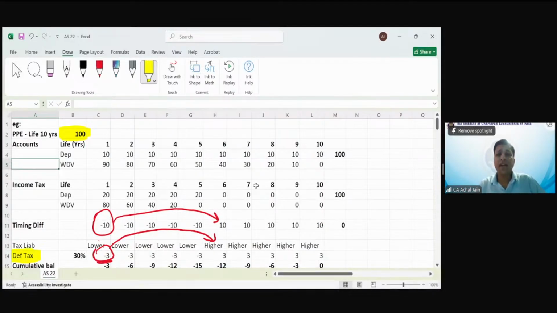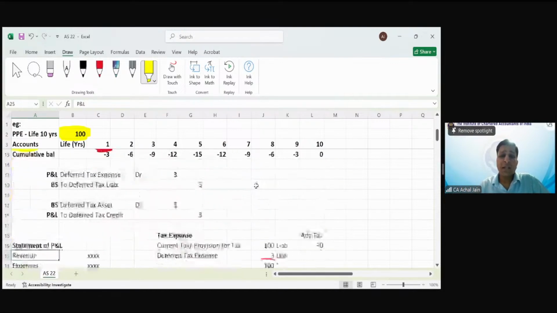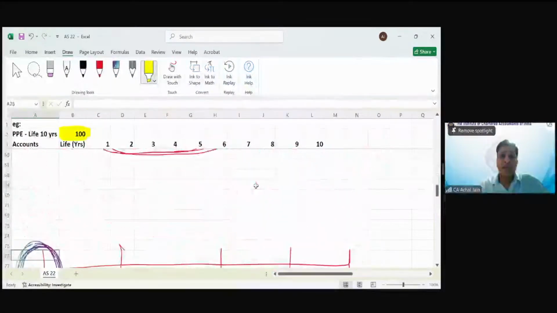You think about the accounting entry and tell me. In the first year, what is the accounting entry you'll pass?